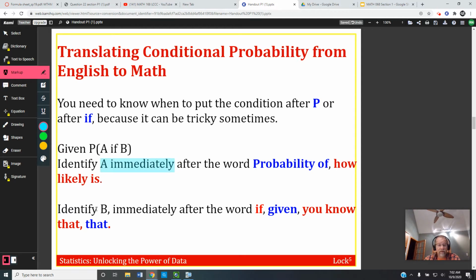Then identify B immediately after the word if. So the thing that comes first is the thing that you're looking for the probability of. The thing which comes second after the if value is the part that has to be true or has to take place or has to be known before you start. I like to think about it as B has to happen before I can get the probability of A.